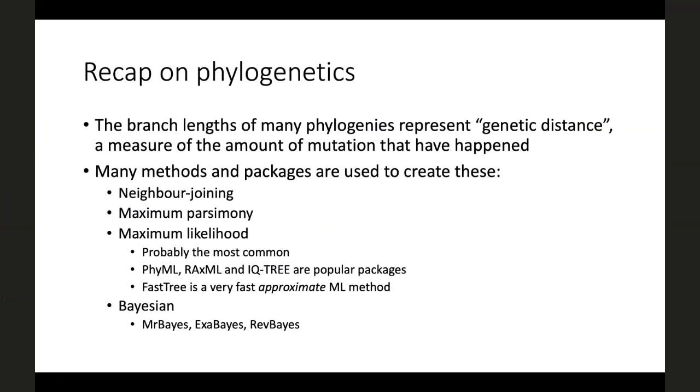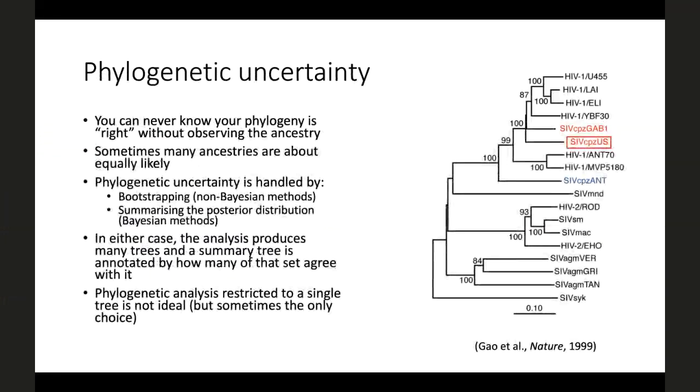The other main category of packages are the Bayesian packages, which three are listed there. And one thing to always bear in mind when doing phylogenetics is that uncertainty exists in the phylogeny. You can never know that your phylogeny is the correct ancestry unless you observe that ancestry, which we normally don't.